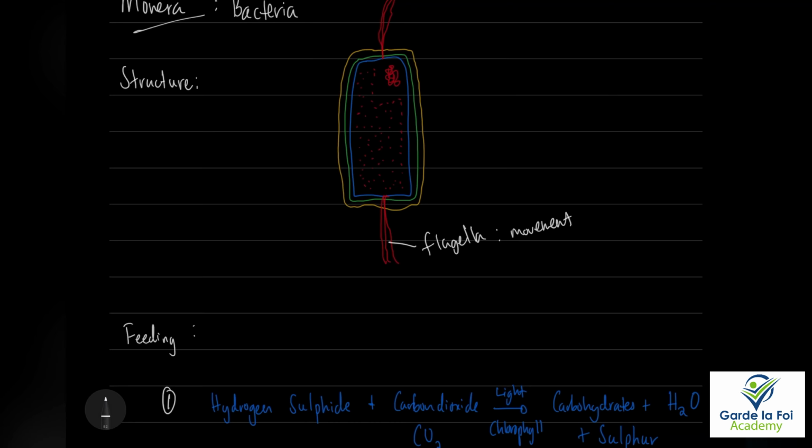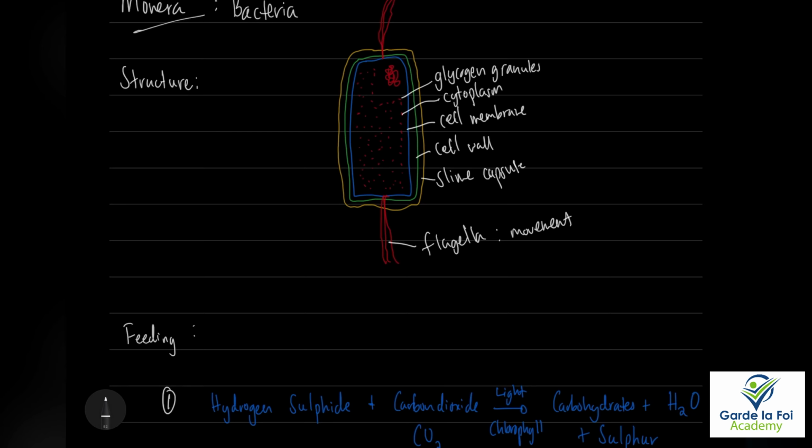We also have the slime capsule, the cell wall, the cell membrane, and then we also have the cytoplasm, which would be also just the fluid inside, and these small grains are what we call glycogen granules.